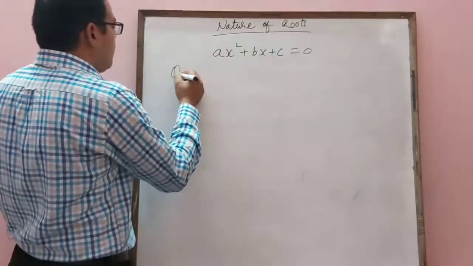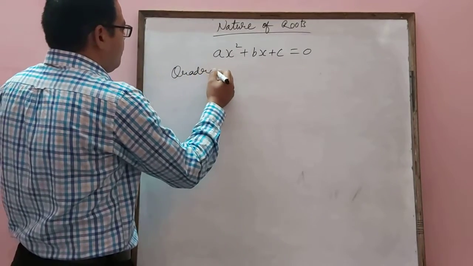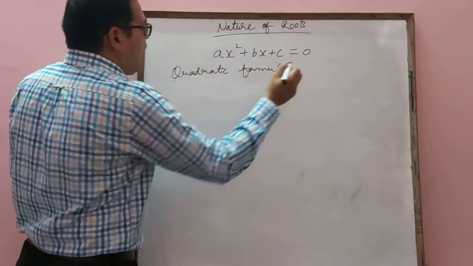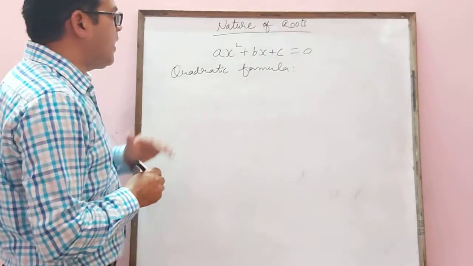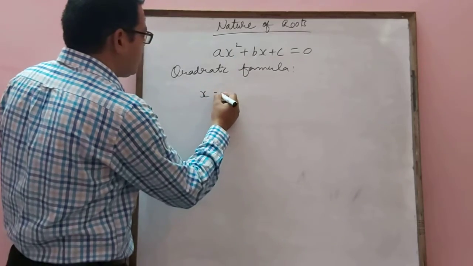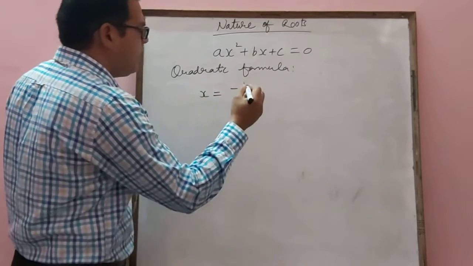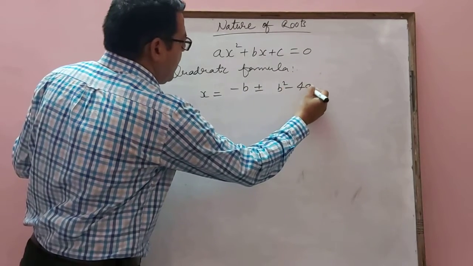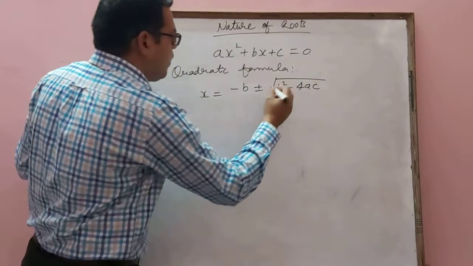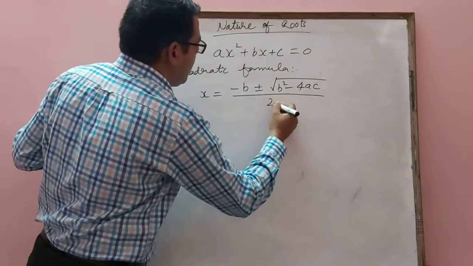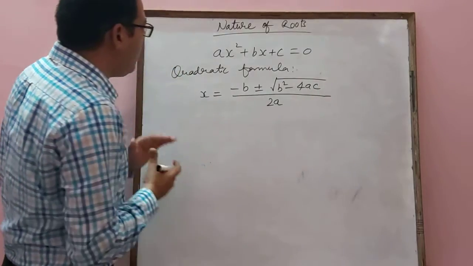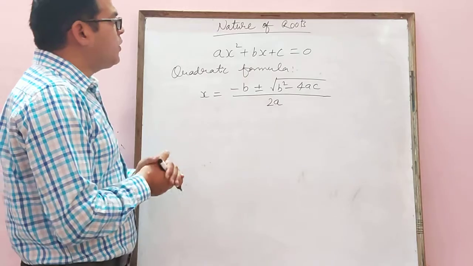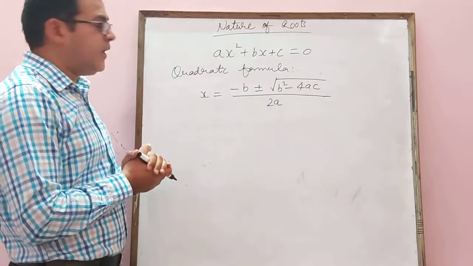And the quadratic formula to find roots of a quadratic equation is x = (-b ± √(b² - 4ac)) / 2a. This is the formula that is called the quadratic formula, right?